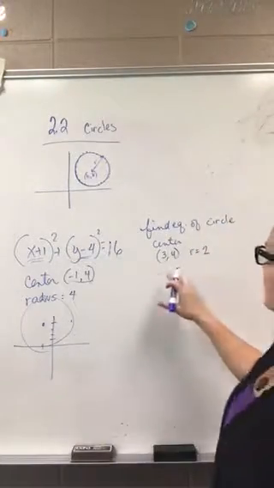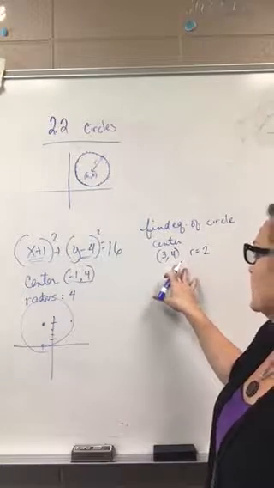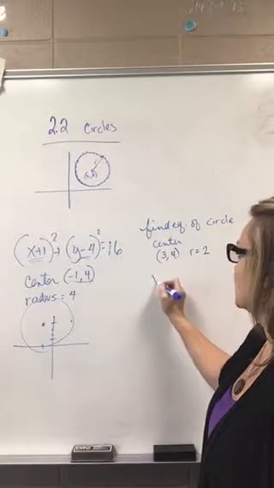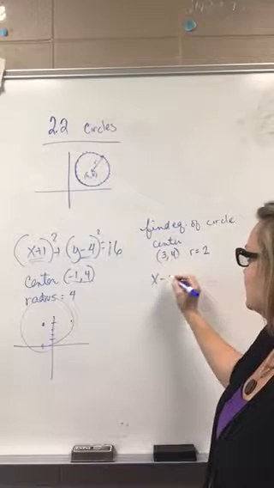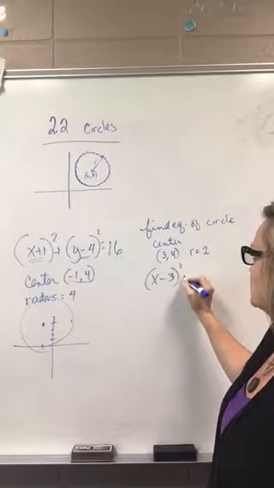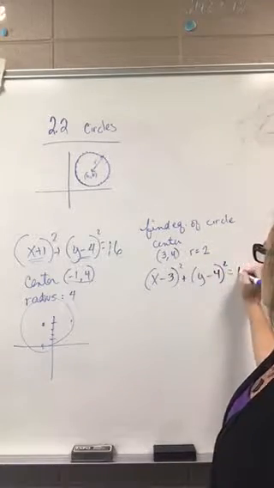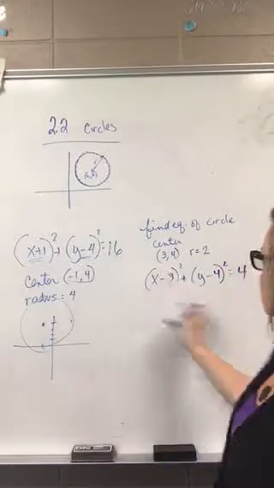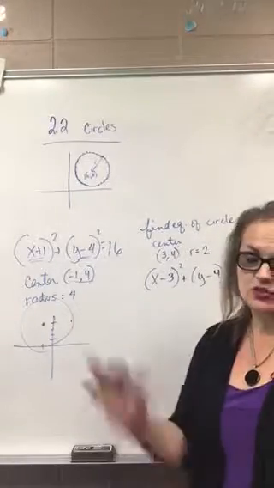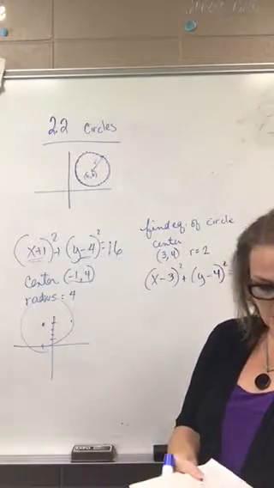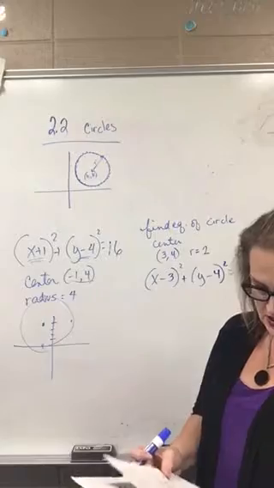We could find the equation. I could graph that as well if that were the directions, but for the equation, I would know that it's x minus that number squared plus y minus this number squared equals the radius squared, so 4. So that's another way to write that, or to have this wording here going the other way.